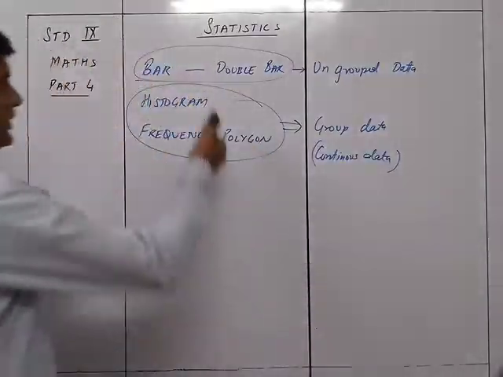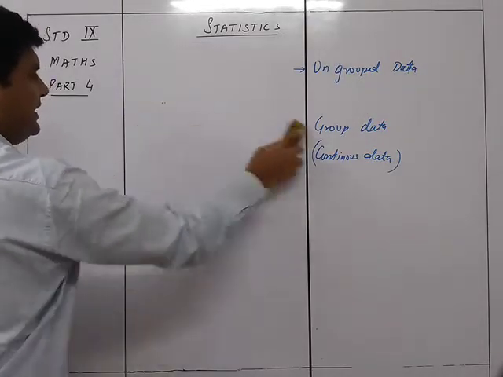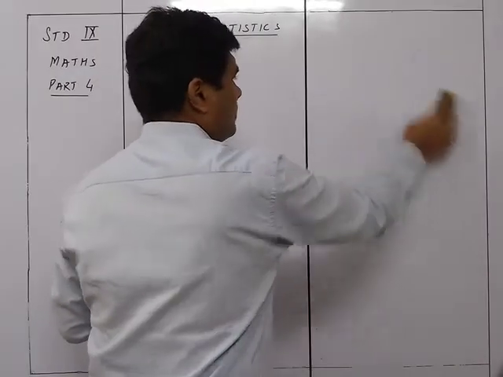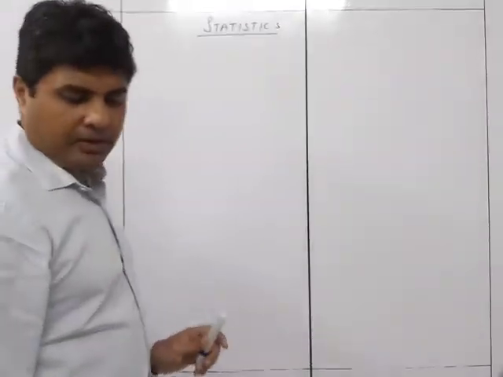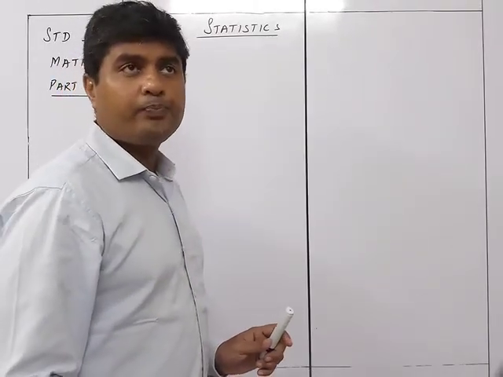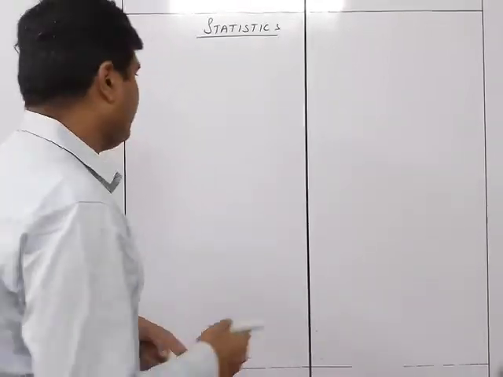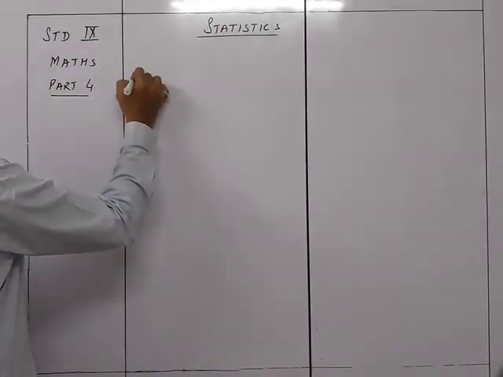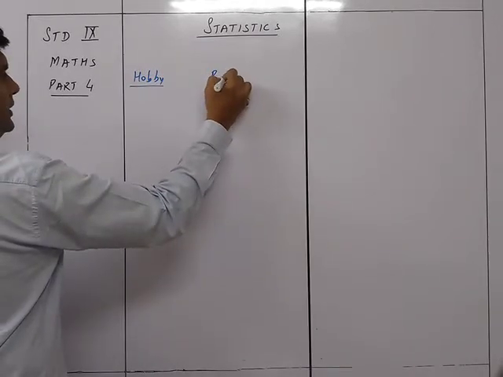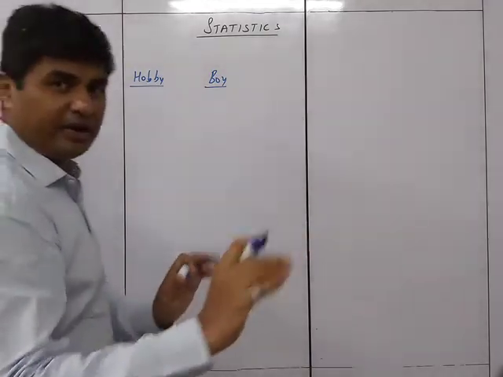So let's start with the bar graph and the double bar graph. First of all, let's see a bar graph. Suppose we have a graph wherein you have a hobby class. So we have hobby over here, and there are boys. Let's take only boys first.